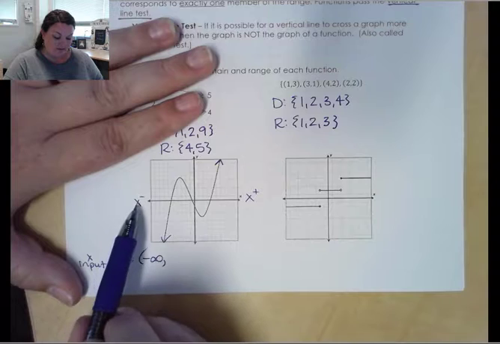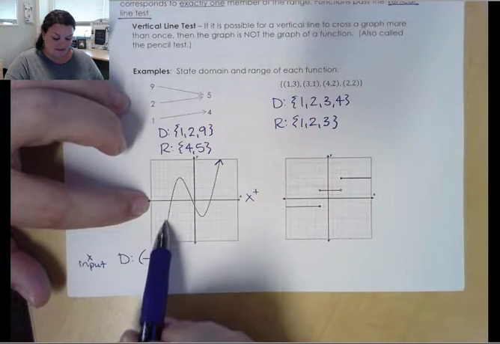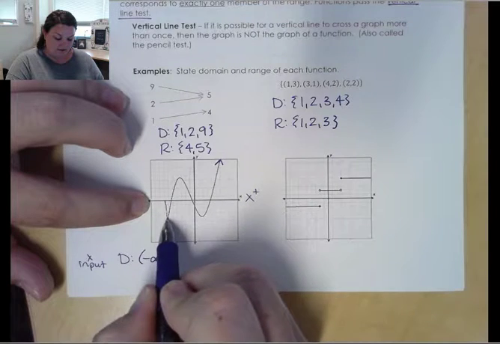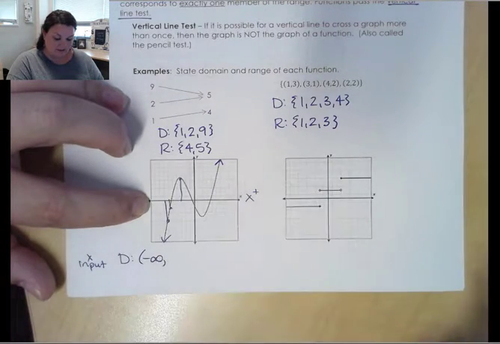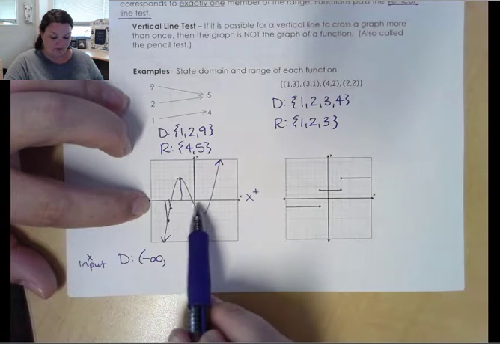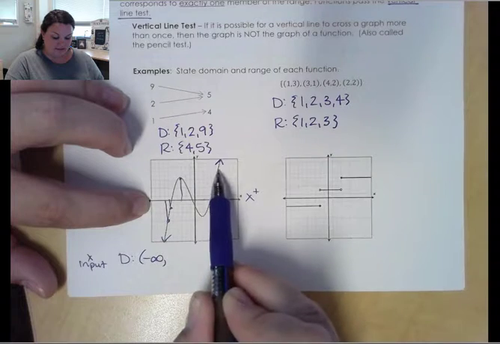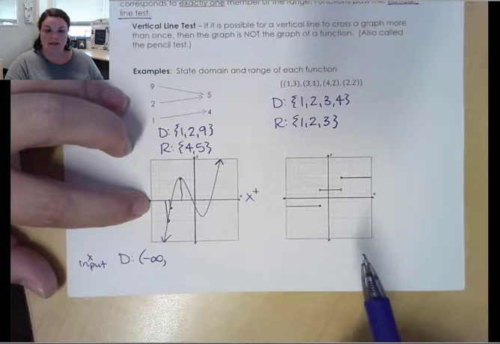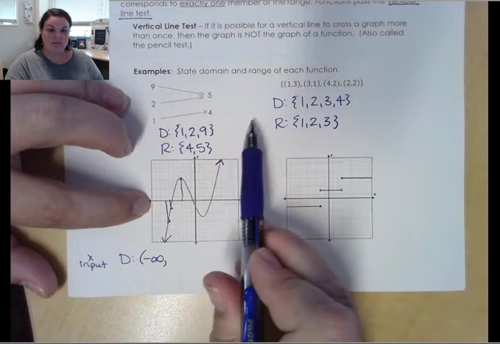And from negative infinity, as I travel this direction, notice all of these x values are defined, right? This x value has a defined point, this x value has a defined point, this x value has a defined point, right? No matter how far I keep walking, I can still find x values that have defined points on this line. And that's going to continue because this line is going to keep going and going.